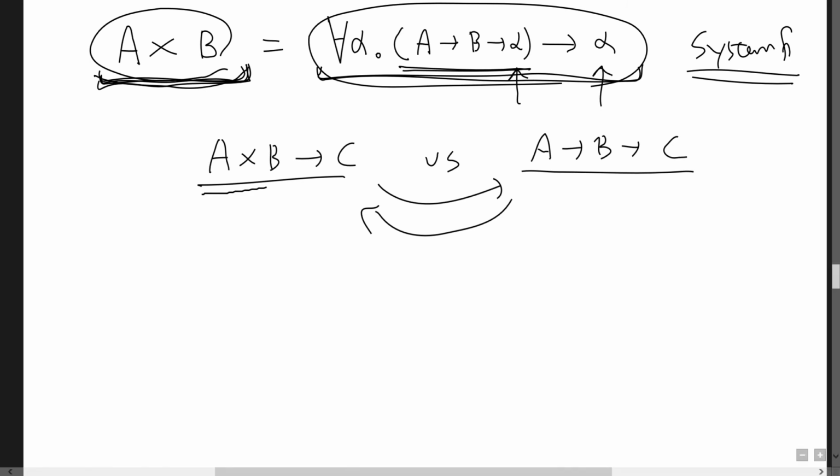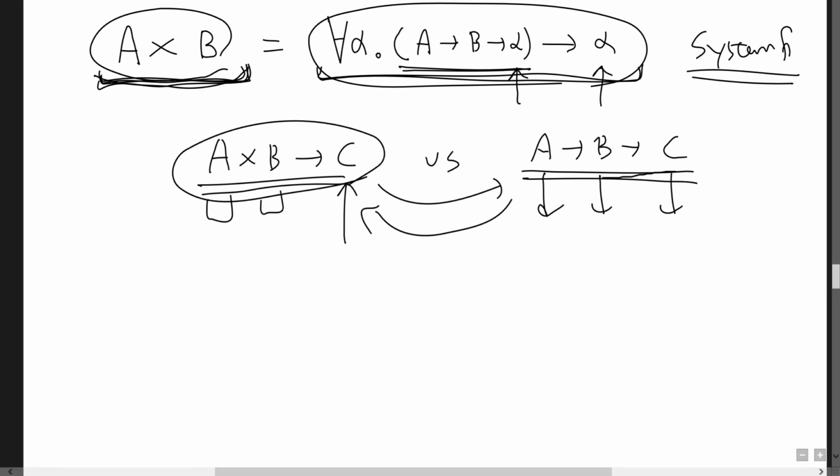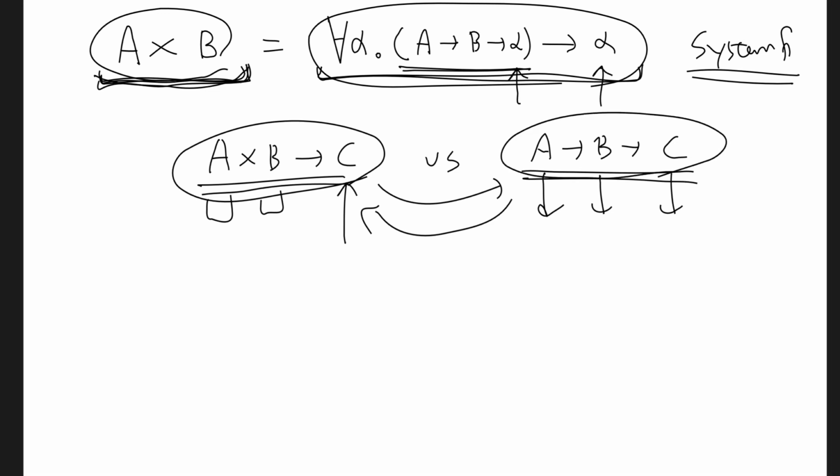This one says, if you have A and B, then I can produce a C. And this one says, if you can provide A and then you can provide B, then I can produce a C. If you think about these interpretations carefully, then you will realize that the two statements are logically equivalent.